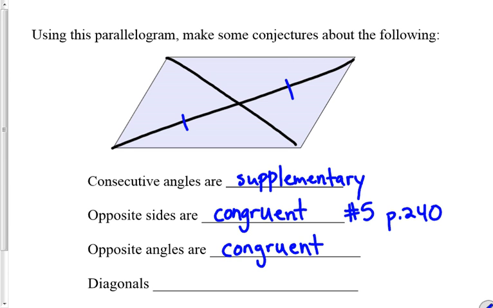So that's congruent to that, and that is congruent to that. Diagonals in a parallelogram bisect each other. All right, good. So there's some properties of parallelograms that maybe we didn't know before this.